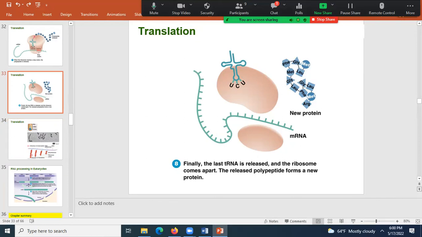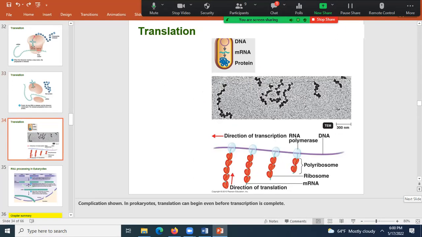If not, let me say that there is a complication, and it's shown here, and that is in both prokaryotes and eukaryotes, you can have more than one messenger RNA being made from the same gene. So this is the messenger RNA being made, and here's another one, and here's another one. And you'll notice they're getting smaller.